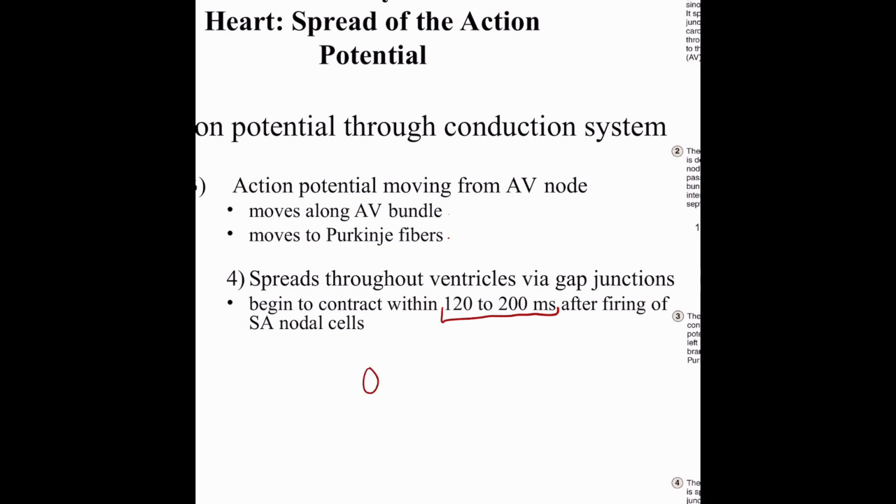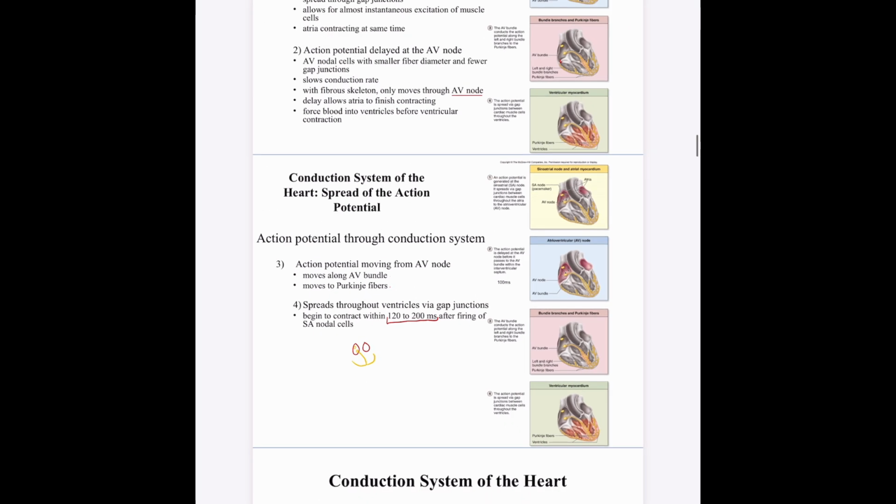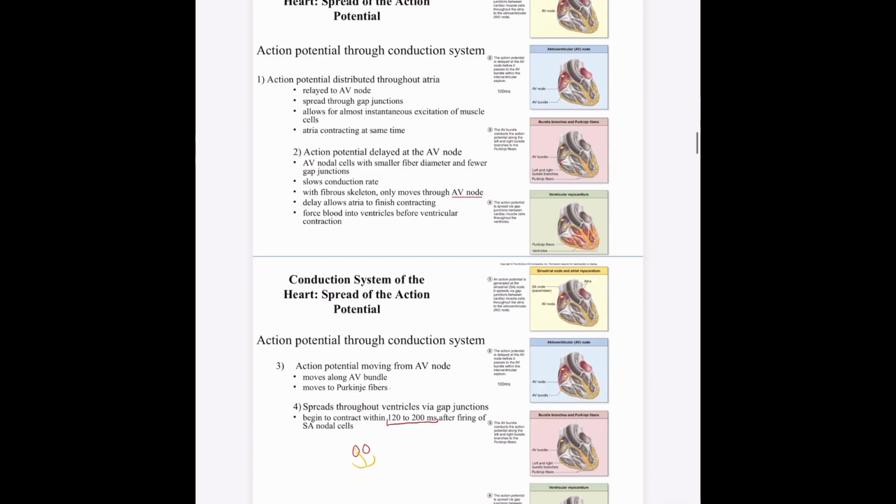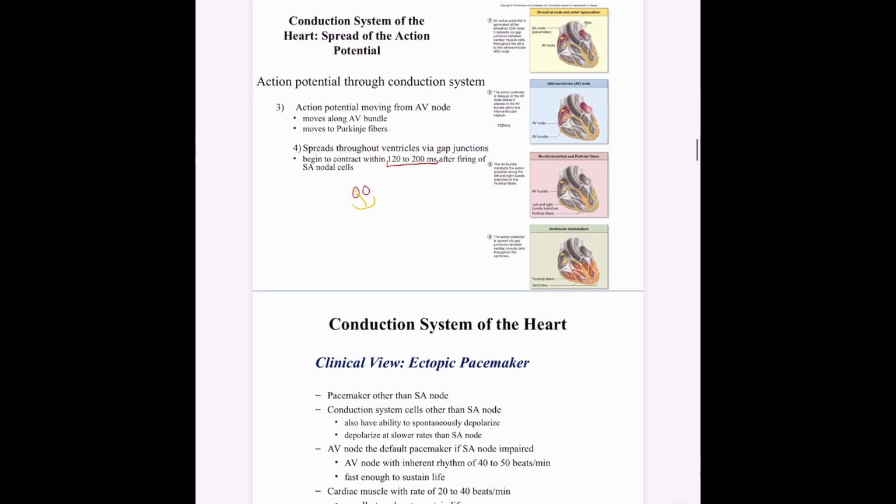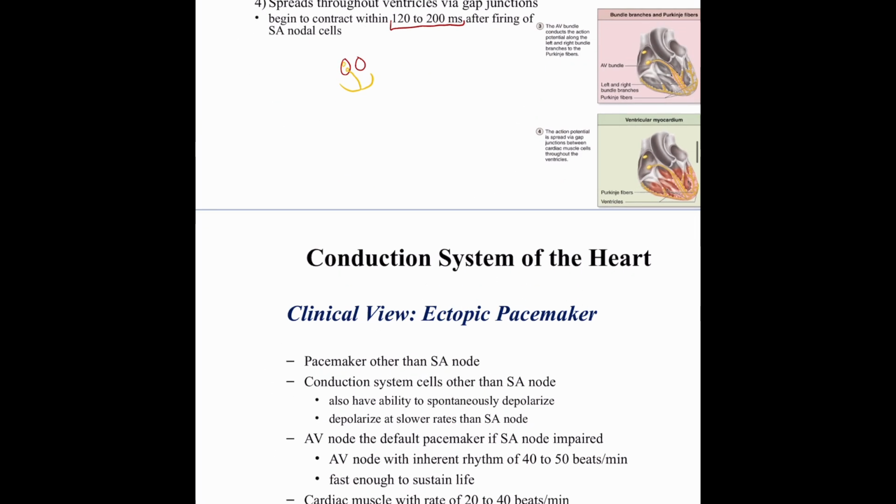That means that both atria contracted, and then that signal was sent through the AV node up to the Purkinje fibers, all within 120 to 200 milliseconds. So yeah, it's a very brief pause at the AV node, but still a pause. It's a very important pause.